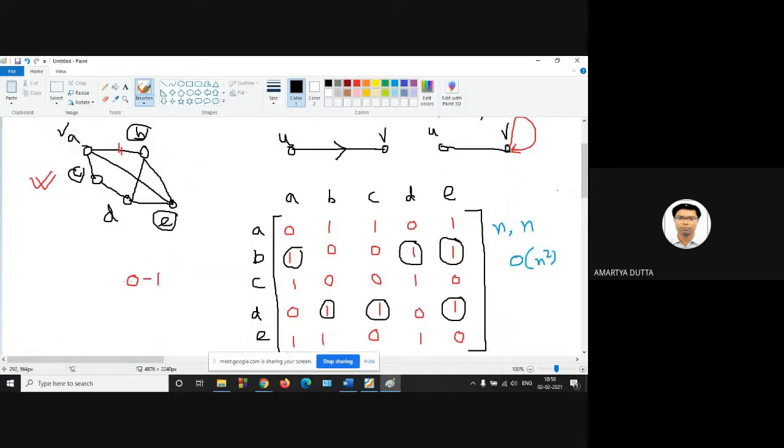So how many edges are there? E is equal to 1, 2, 3, 4, 5, 6, 7. Is it 7? Number of edges. Yes, sir.